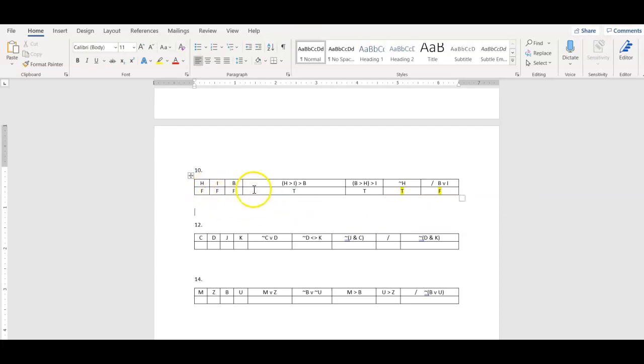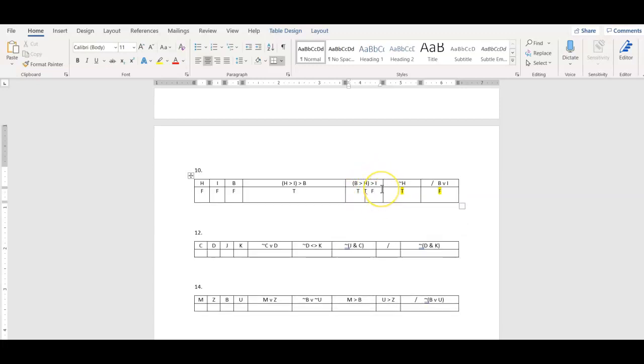All right, so now we've got to figure out if these values will make both these premises true. So B conditional H is going to be false, false. So that's going to be true. And I is false, right? So that means we're going to have a conditional where the antecedent is true and the consequent is false, and that is not going to be a true sentence.